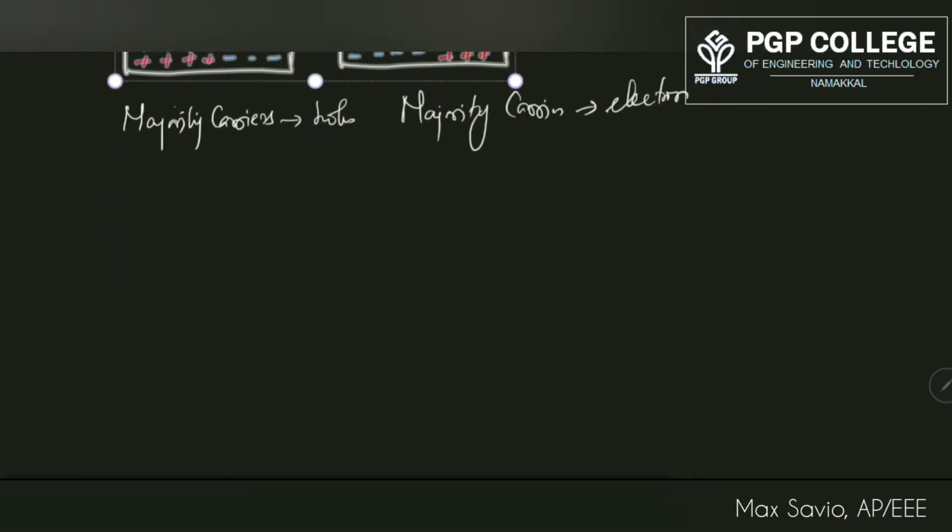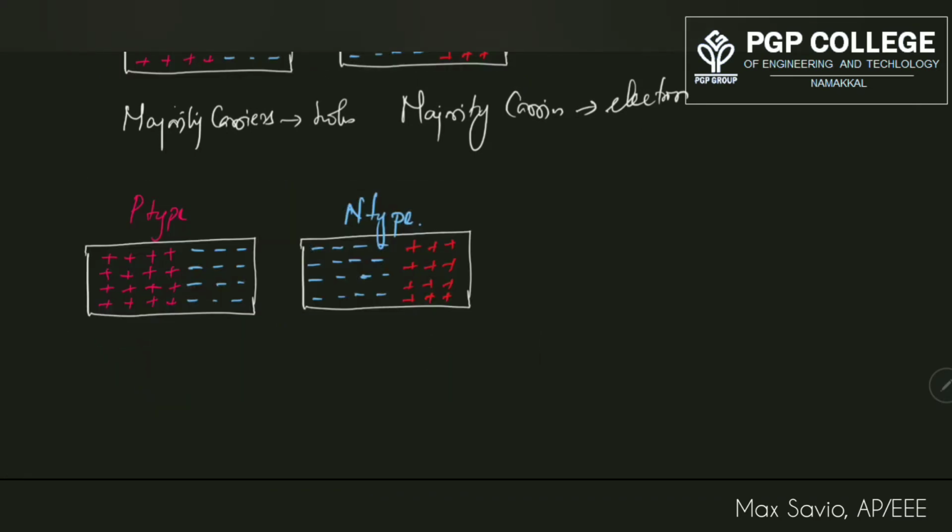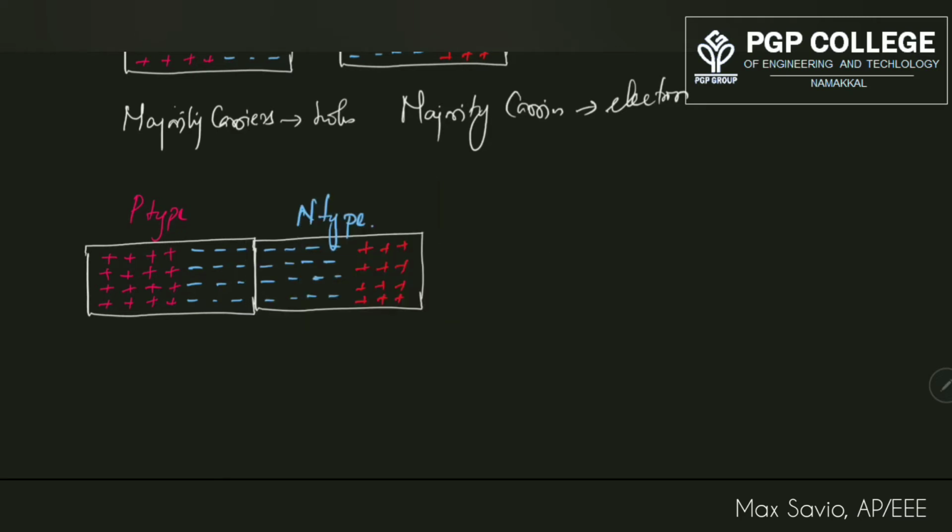So they combine this n-type to this p-type. Literally it means joining, but the technical term is diffusing. So this is how they diffuse: diffusing means joining.